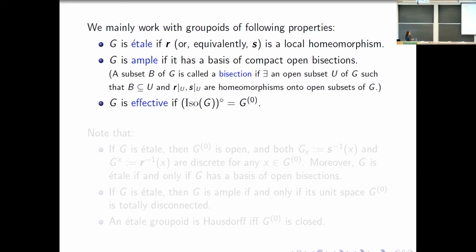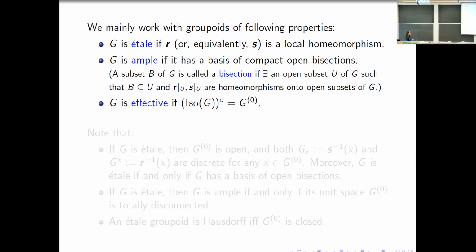So I'm going to briefly talk about what a bisection means. A subset of the groupoid is called a bisection if there is an open subset of the groupoid containing the bisection I start with, such that when I restrict the source map and range map, they are homeomorphisms onto open subsets of the groupoid.